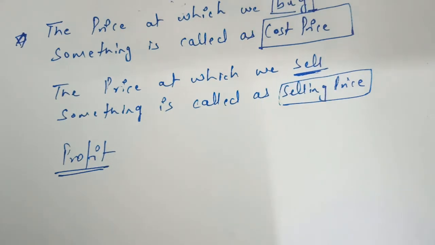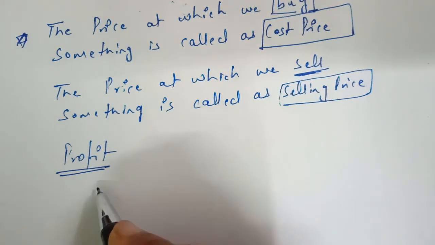When a shopkeeper sells any material that is available in his shop to the customer, then he compares that price with the price at which he bought that material from the retailer.